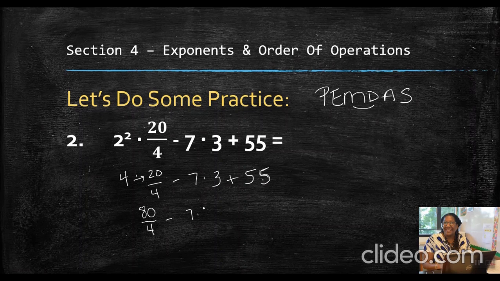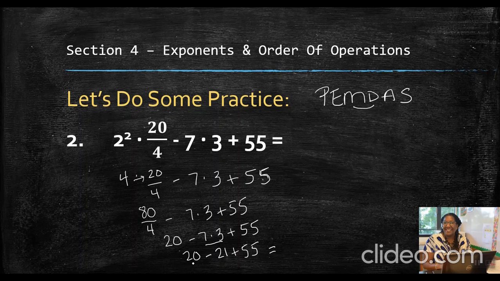Minus, I'm going to do 7 times 3 plus 55. Again, keep one thing at a time. 80 over 4 is 20. Minus 7 times 3 plus 55. We're still multiplying here because we haven't performed all the multiplication problems. So we have 20 minus 7 times 3 is 21 plus 55.